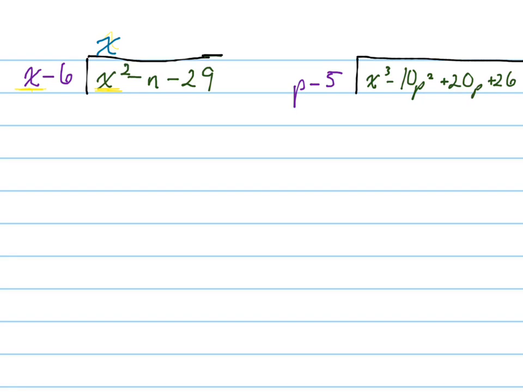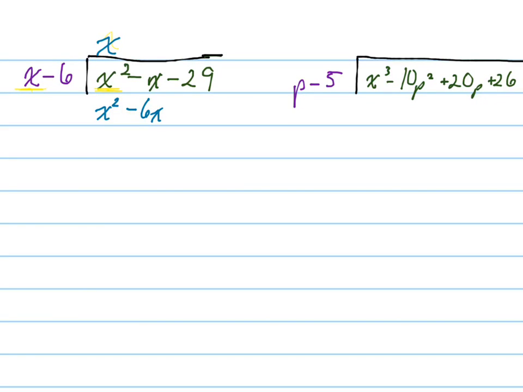Then I take that x and multiply by the whole polynomial that I'm dividing into. So x times x is x squared, and then x times -6 is -6x. And that should be an x here. Let's fix that really quick.